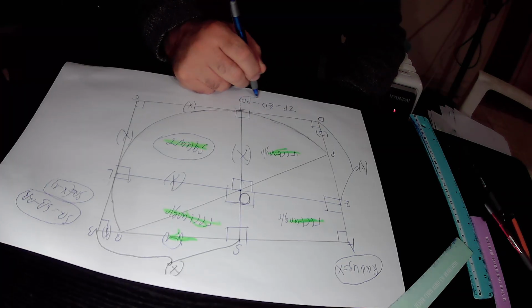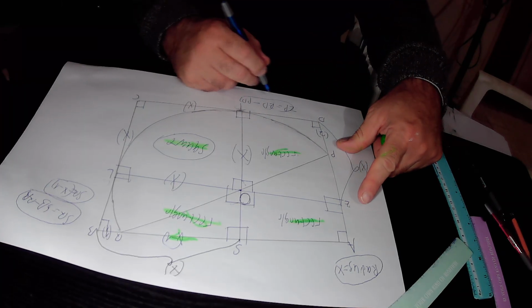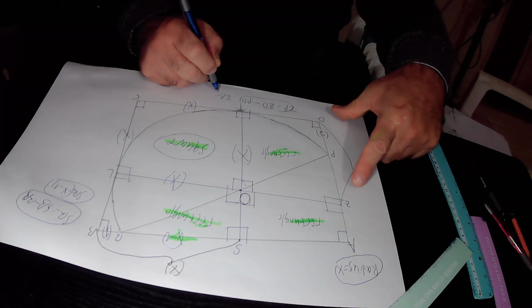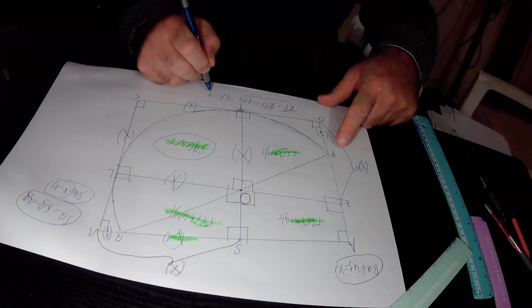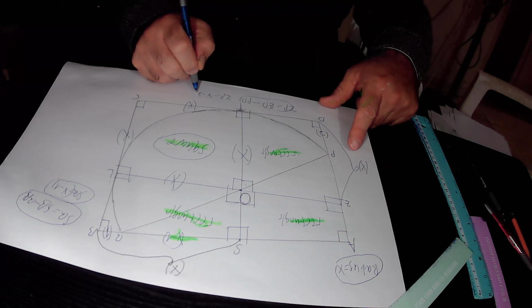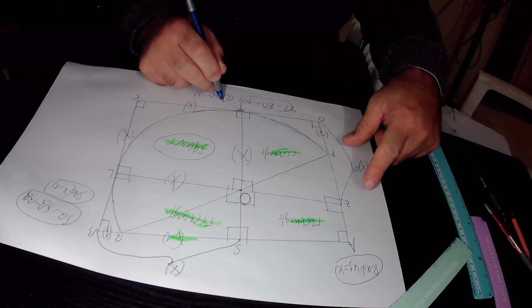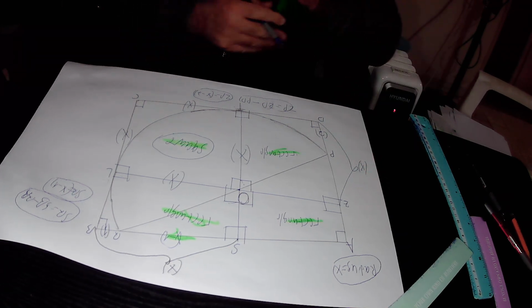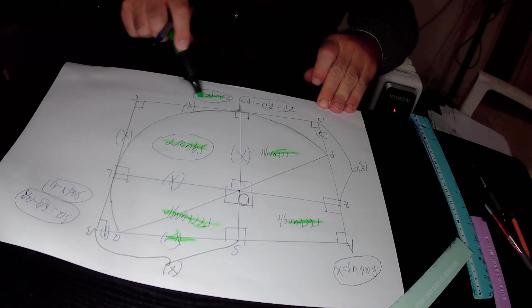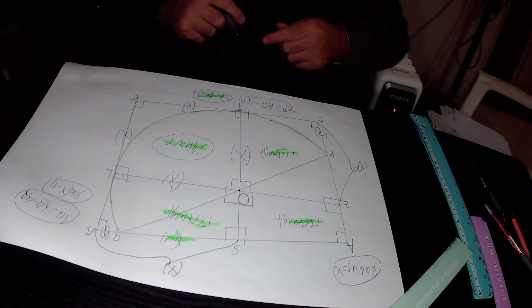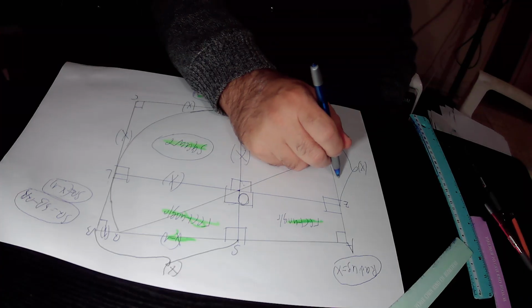In total, the missing line segment ZP equals, ZD is x minus PD. PD is 2 according to what is given in the question. So in total, the missing line segment ZP equals x minus 2 units in its length. This is the missing line segment ZP, and it is equal to x minus 2 units in its length.